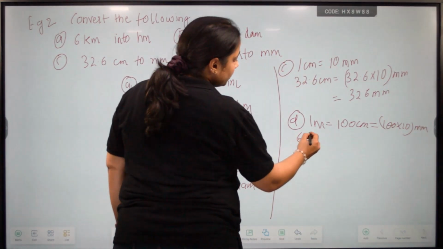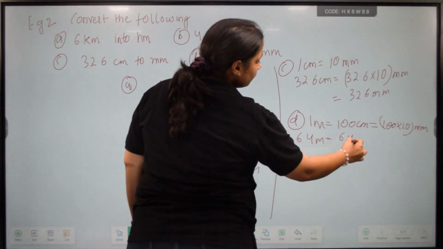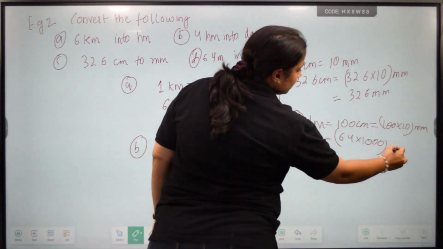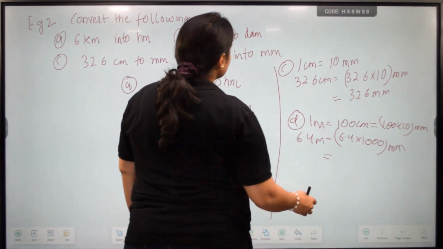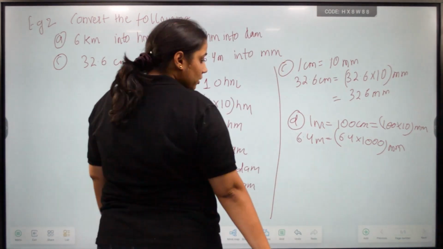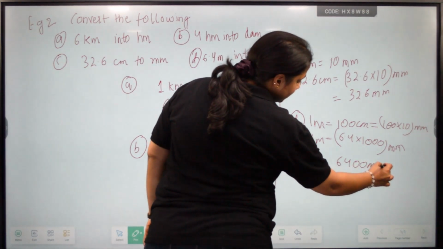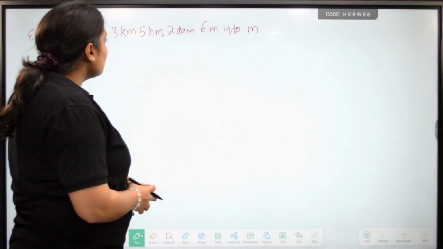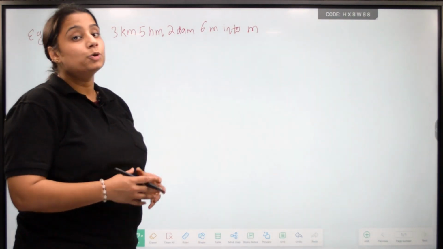Therefore 6.4 meter will be equal to 6.4 into 1000 millimeter. So it will be 6400 millimeter.